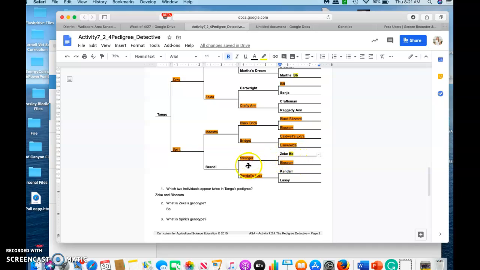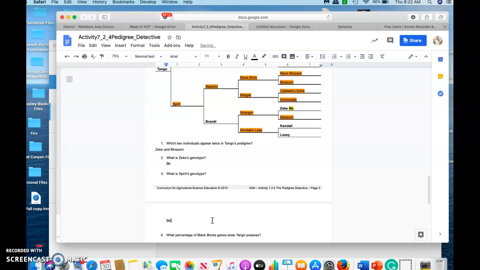And Stranger and Kendall's Lass, if Kendall's Lass is homozygous dominant, mated with Stranger, heterozygous, then Brandy can be heterozygous. Brandy mated with Maestro, which would be homozygous dominant, gets Spirit, which also could be heterozygous. Does Spirit have to be heterozygous? Well, if Tango is chocolate and half the genotype comes from mother, half comes from father, then yes, Spirit must be uppercase B, lowercase b.